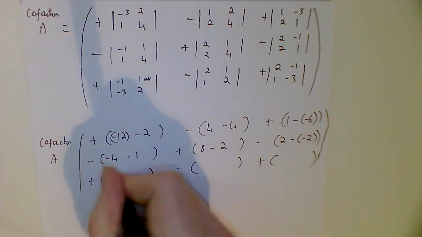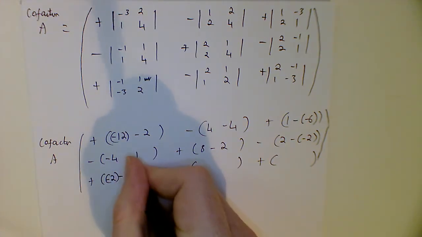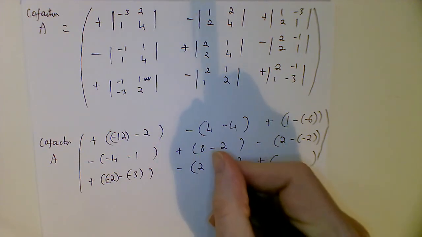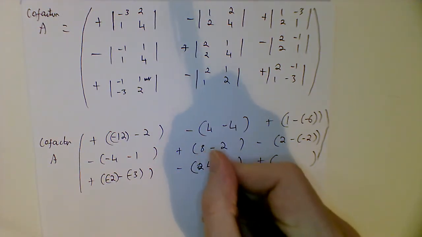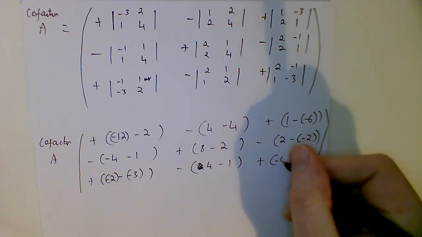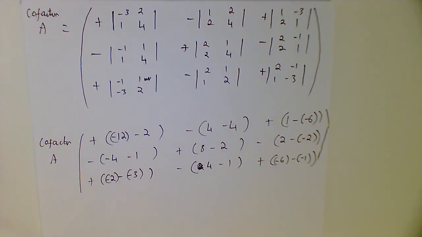And negative 2, take away negative 3. Then 2, oh sorry, 4, take away 1. And then negative 6, take away negative 1. And hopefully you can see where all that stuff has come from.